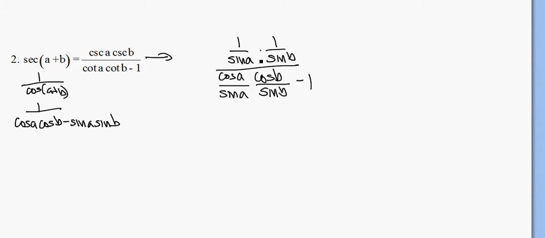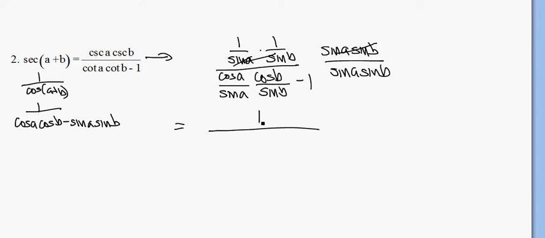I have a common denominator, sine a sine b, so I'm going to multiply this numerator by sine a sine b, and this whole denominator by sine a sine b. So this cancels with those two, and I'm just left with 1 in the numerator. I multiply this by this big fraction here. These cancel out, so I'm left with the cosine of a cosine of b minus, I multiply this by 1, so I get sine of a sine of b.